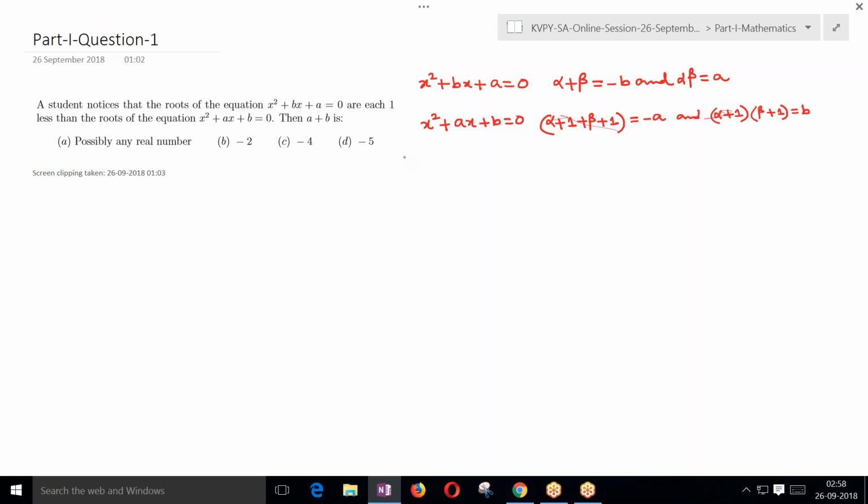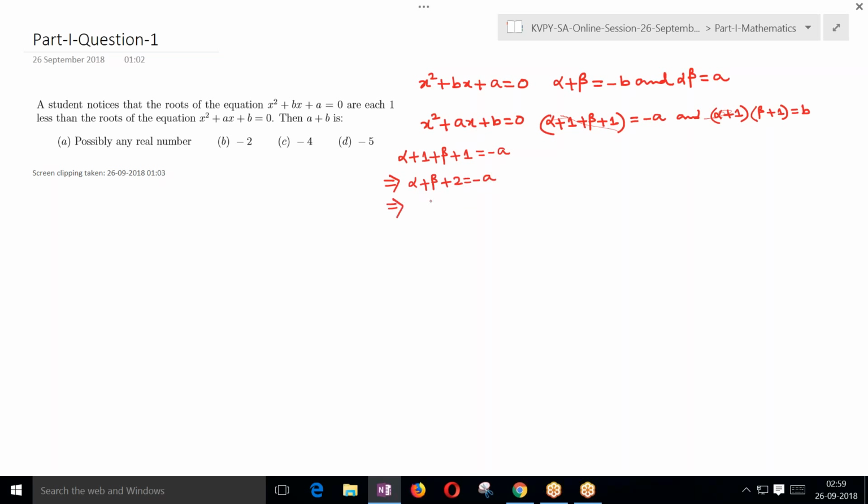Now alpha plus 1 plus beta plus 1 is equal to minus a. This implies alpha plus beta plus 2 is equal to minus a.